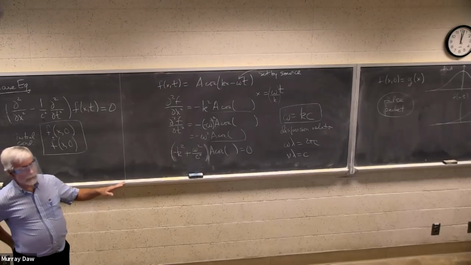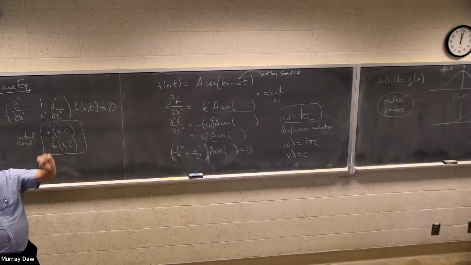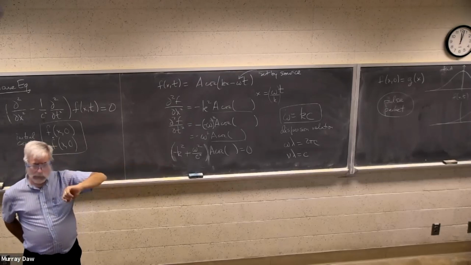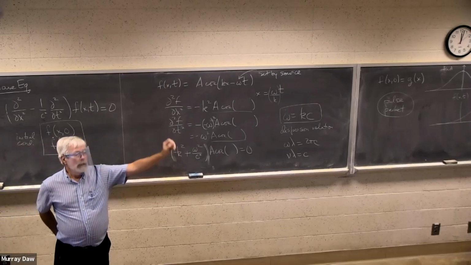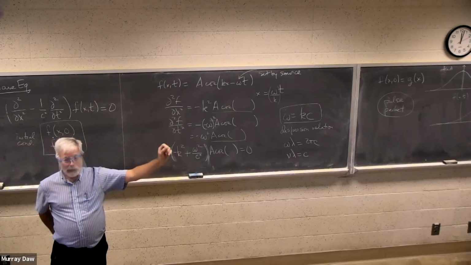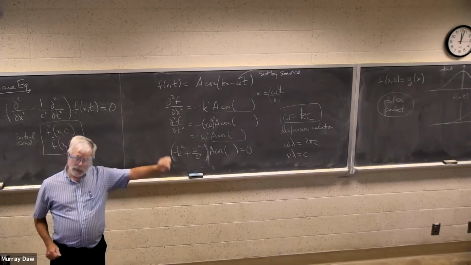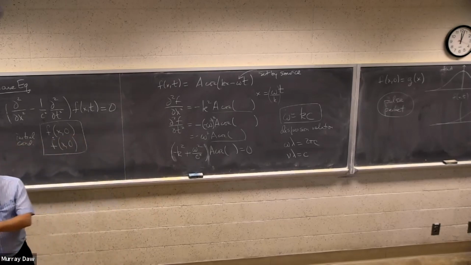Okay, so this is the kind of solution you get from an AC antenna. An oscillating antenna is just oscillating at some frequency. And then over there somewhere, after the antenna has been operating long enough for the signal to get to this place, the field, or the water wave, whatever it is you're talking about, is oscillating at the frequency that the source had sometime in the past, right?